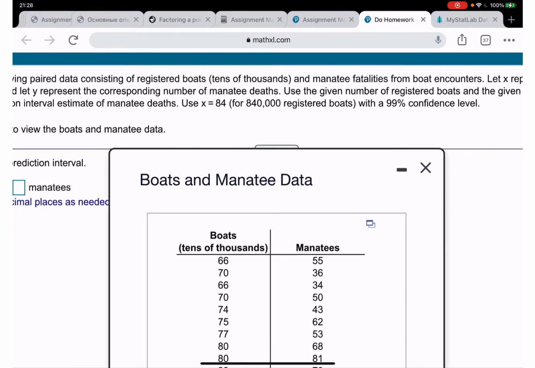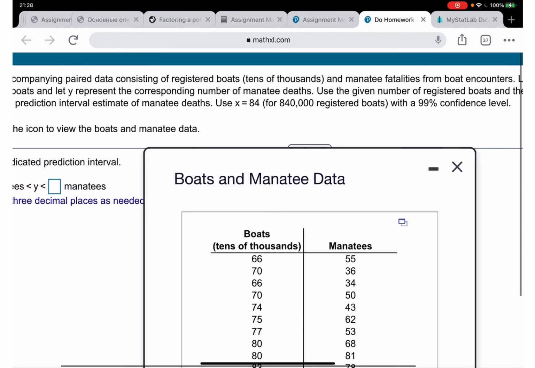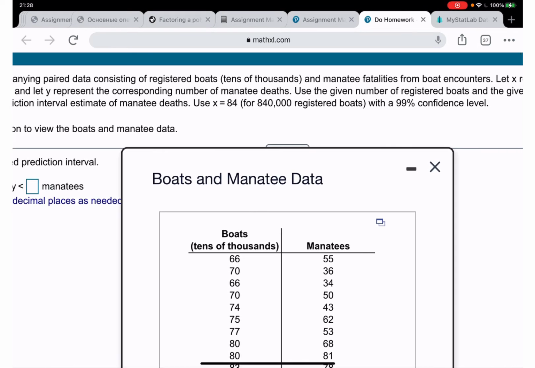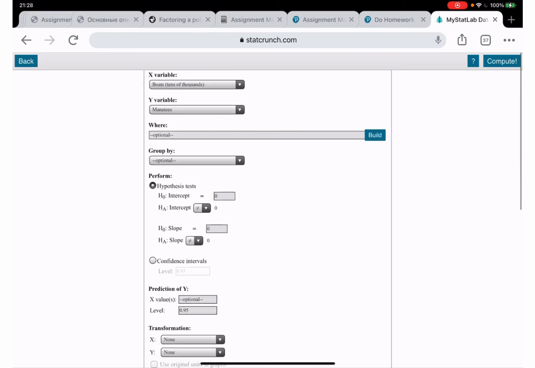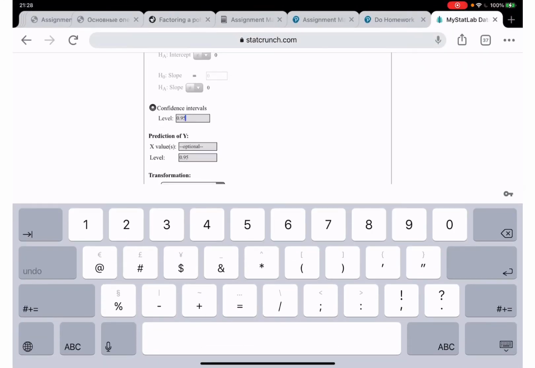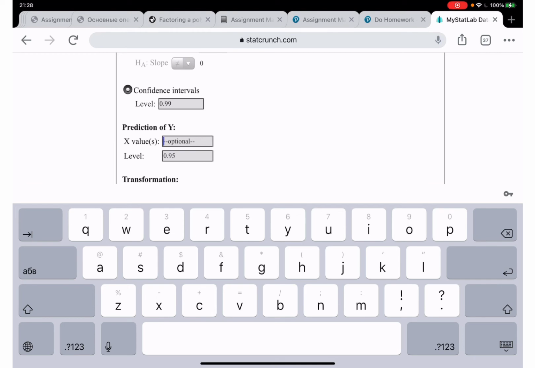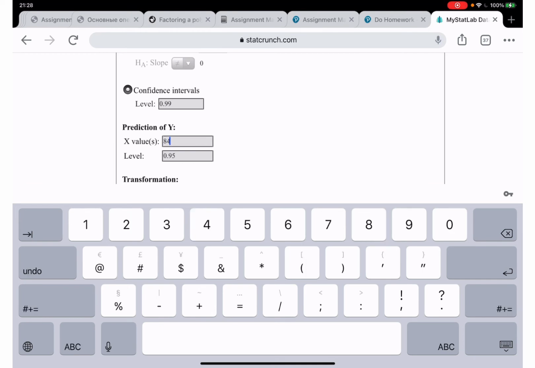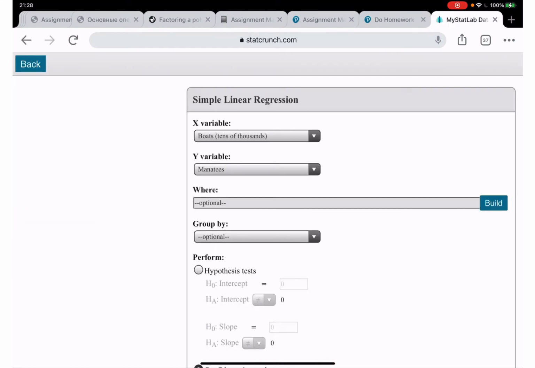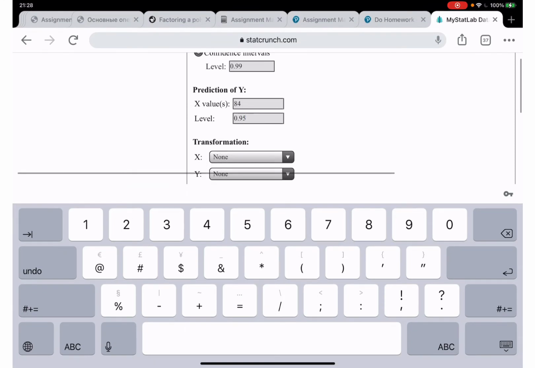I'm typing confidence 99, X 84, and level also 99.